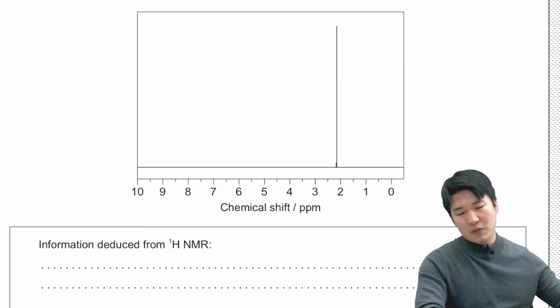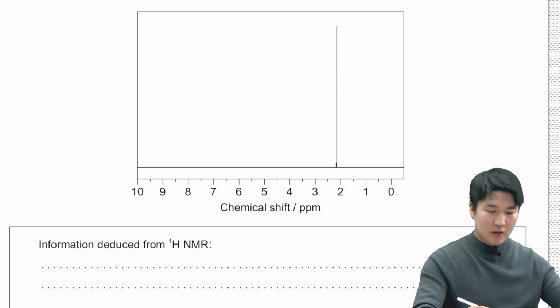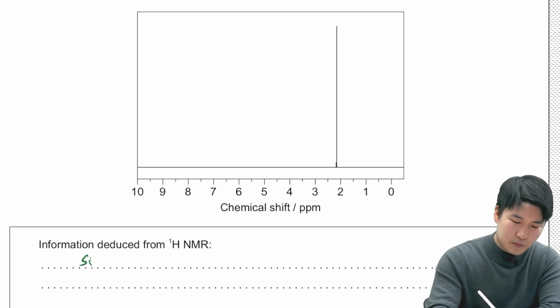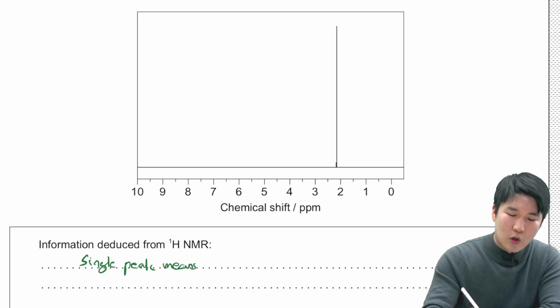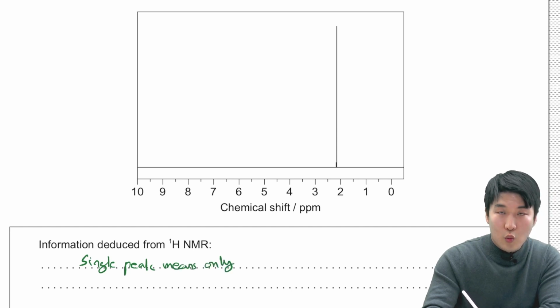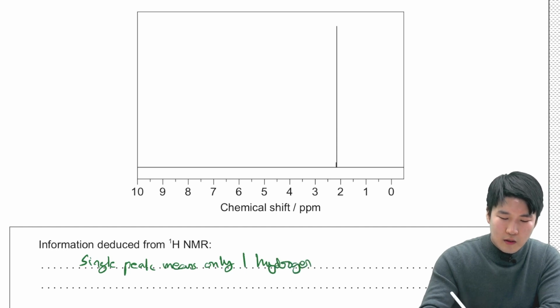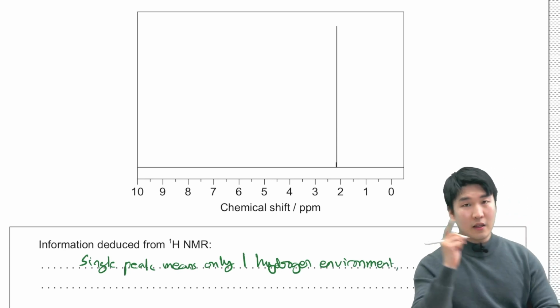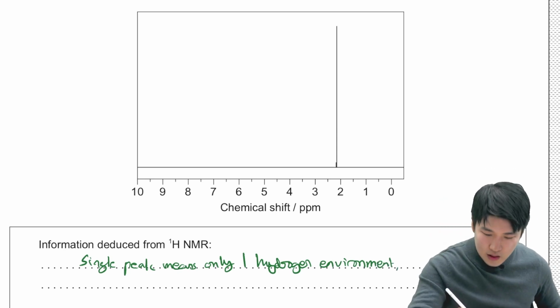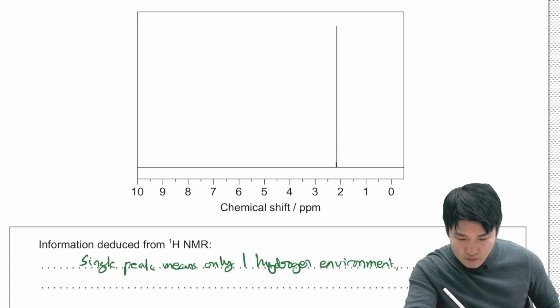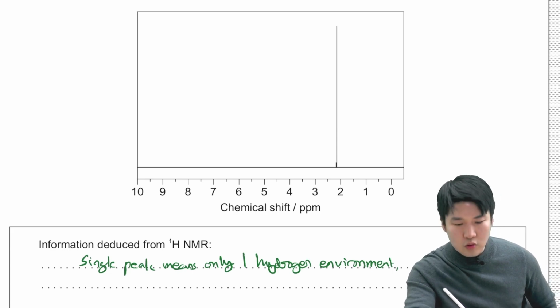What can we deduce from this information? Well, a single peak spectrum means only one hydrogen environment. And this hydrogen environment has a specific chemical shift value, 2.2.